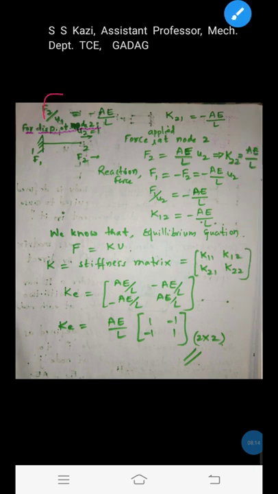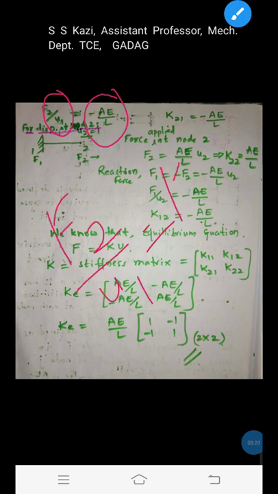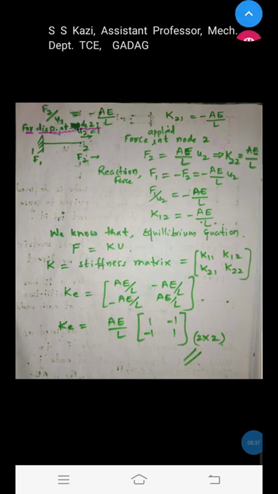Now F2 by U1 is equal to minus AE by L. What is F2 by U1? It is nothing but K21, the force needed at node 2 to cause unit displacement at node 1, because we have unit displacement at node 1 only. At node 2 it is fixed, there is no displacement in the first case. Therefore K21 is minus AE by L.